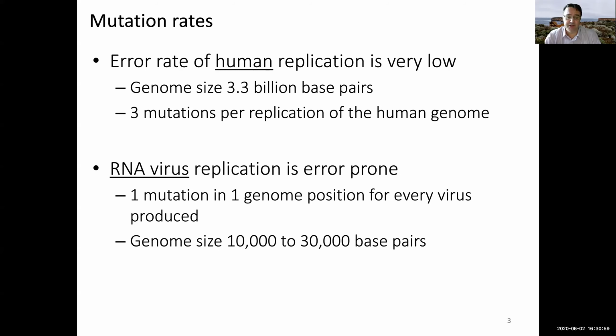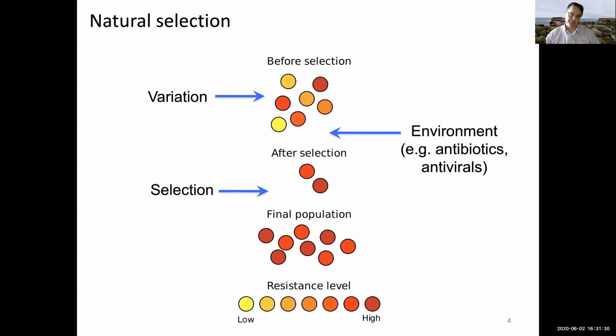So you have 1 mutation per genome for each genome position for every virus that is produced during replication, and also a very small genome size. So what this results in is a very high level of diversity within a single infection, and a highly diverse virus population within a single infected individual, if that is human or animal.